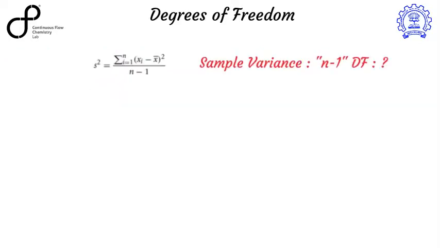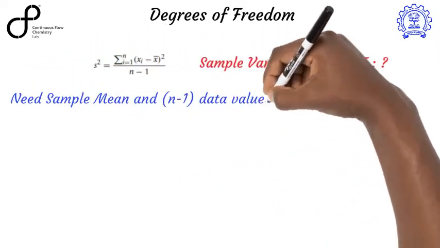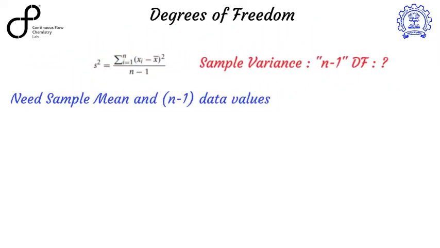Let us try to understand why degrees of freedom is n-1 for sample variance. Please recollect what all information is needed to calculate sample variance. We need sample mean and data values. However, we don't need all the data values, as we can afford to measure only n-1 values.